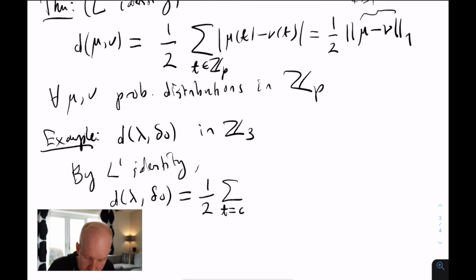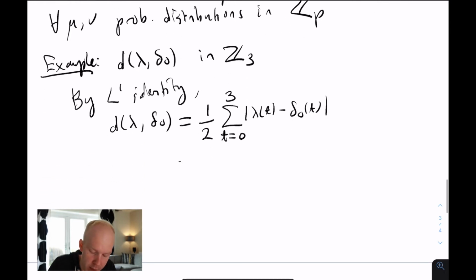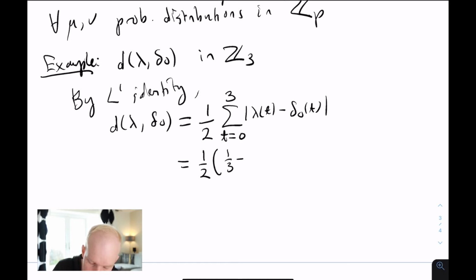So this is actually from 0 to 3, and what you have here are all these possible differences: lambda t minus delta 0 of t. So what you can do is just go through all the points. You see that actually it's only at 0 that you have something different. So what you have here is half of, at the point 0, a third minus 1. So that's the first one.